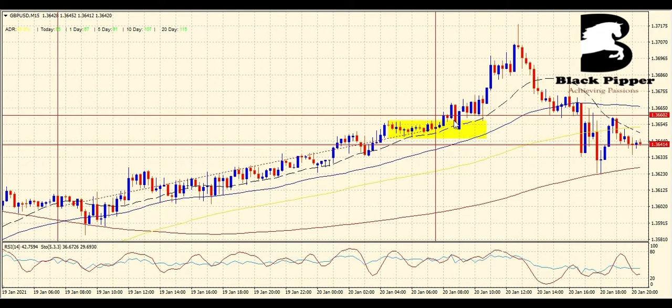Where do you put your take profit? Take profit should be at least 1:1. According to this, it should be at least 19 pips. So from here, if I measure 19 pips, it's around 1.3679.